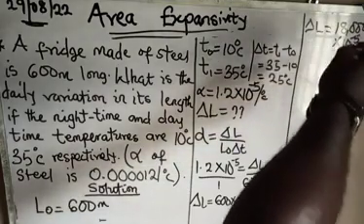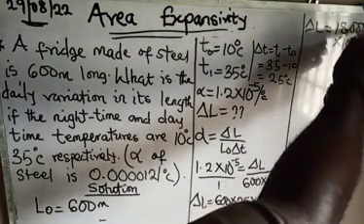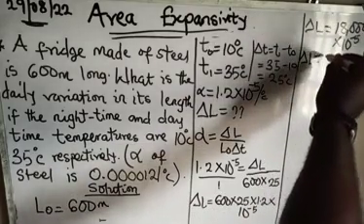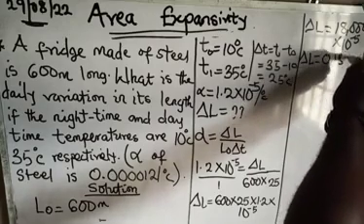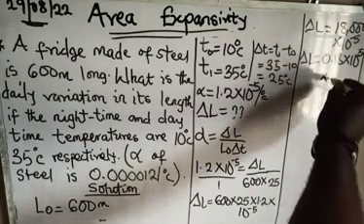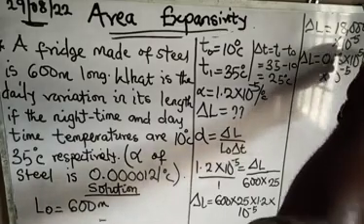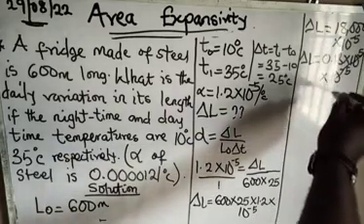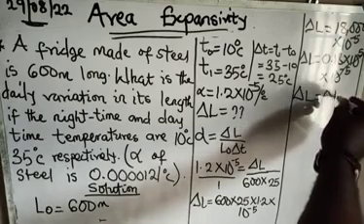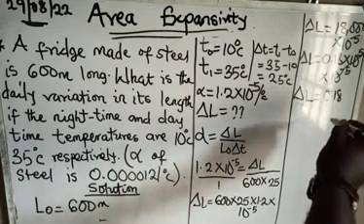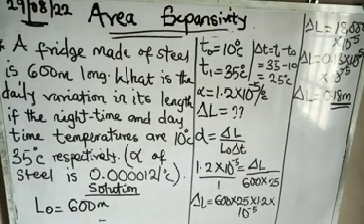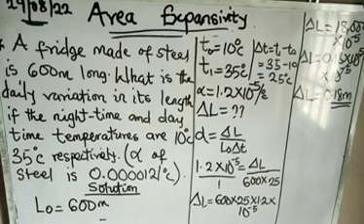Changing the 18,000 to standard form, let's move 1, 2, 3, 4, 5. That gives a change in L equal to 0.18 times 10 to the power of 5, because I moved to my left, times 10 to the power of negative 5, which was here initially. Now these two cancel out from the law of indices. The change in length is 0.18. What unit are we using? Meters. So this is the daily variation in the length of the bridge.